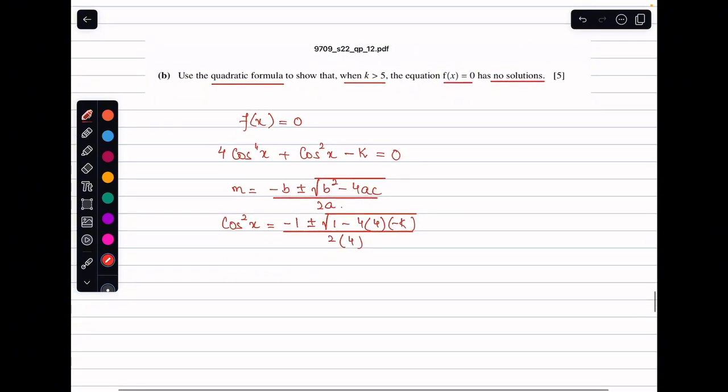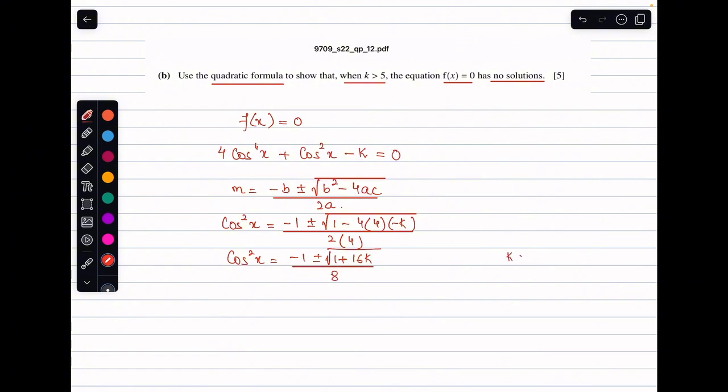So if I solve it further, I can say cos square x equals negative 1 plus minus under root 1 minus minus, it's a positive, and then I should be having a 16 here, positive 16k, divided by 8.